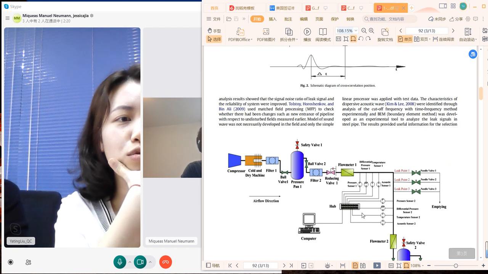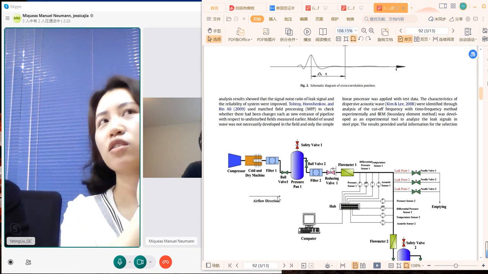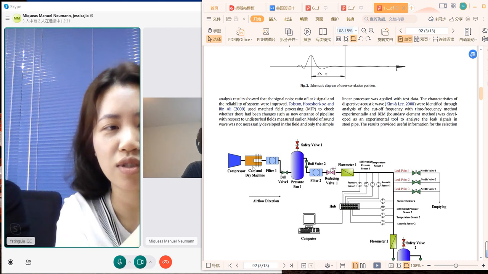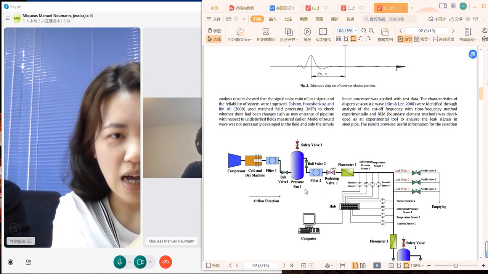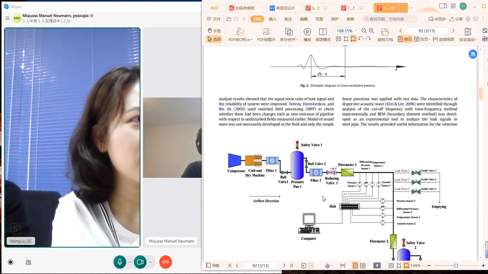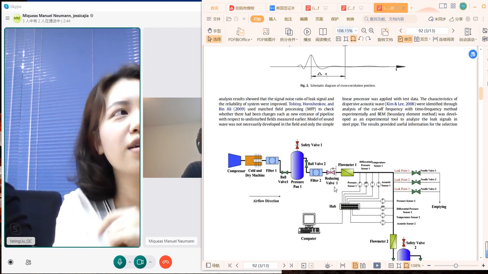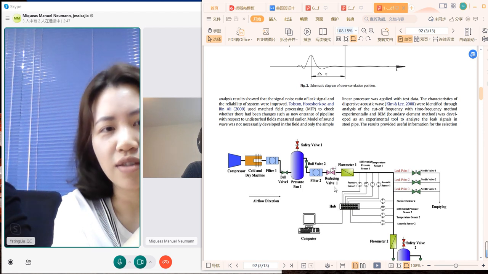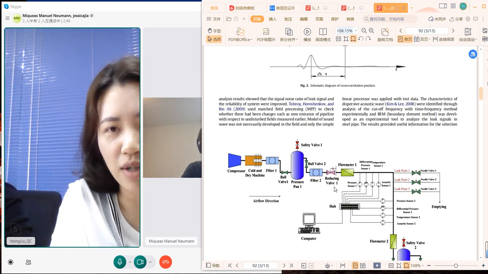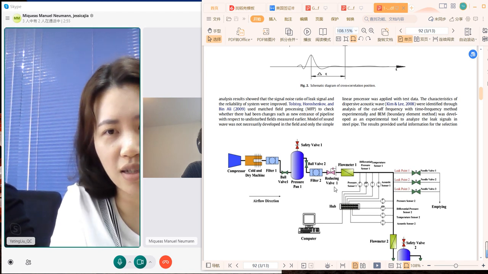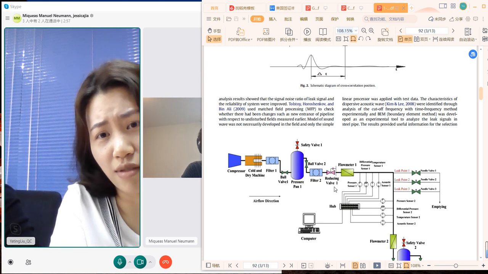So for connecting vibration sensors to our acquisition system, I think it may not be feasible because, as I said, the frequency range of the vibration sensor, I believe, is below 10 kilohertz or even lower, right?